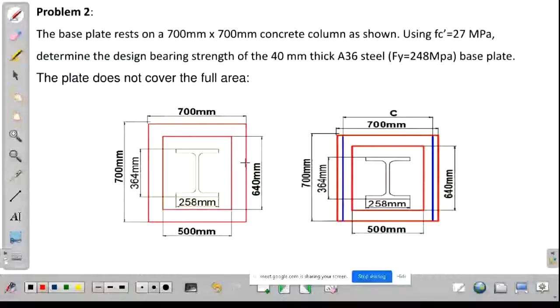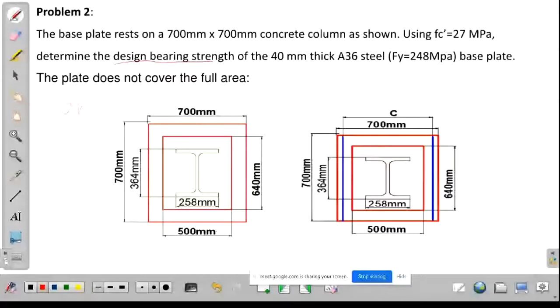And yung ating dimension ng base plate is equal to 640 by 500. So, ano yung pinukuha natin dito? We're going to solve for the design bearing strength. So, yung design bearing strength natin, that is equal to the LRFD pa rin tayo.